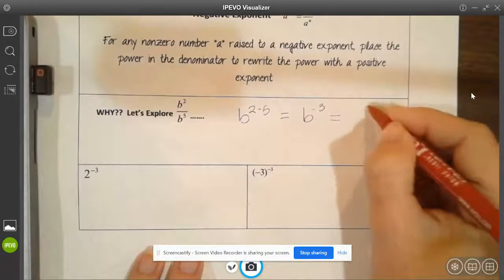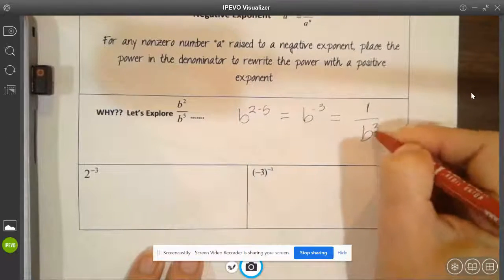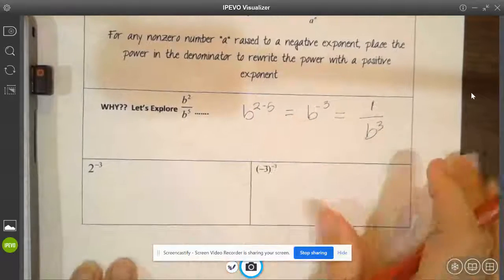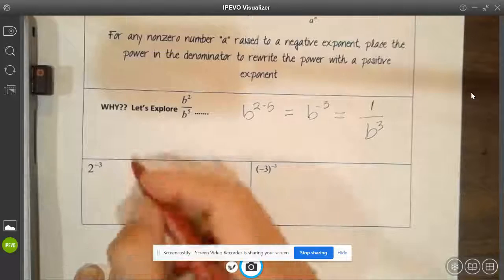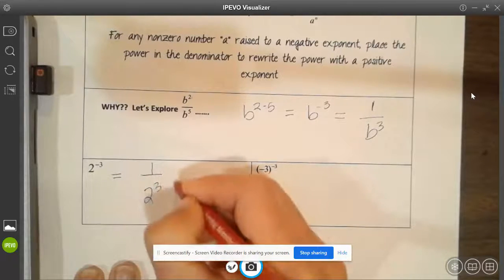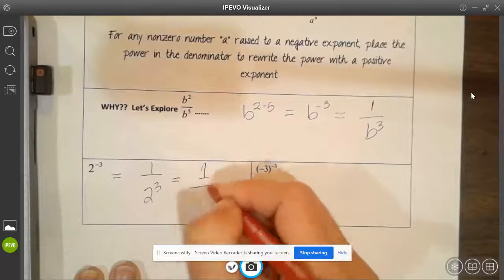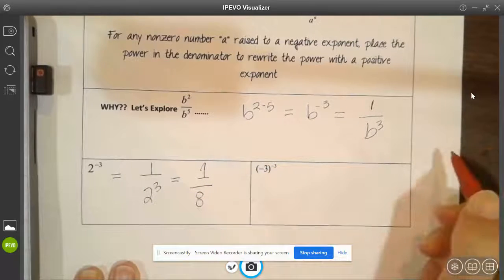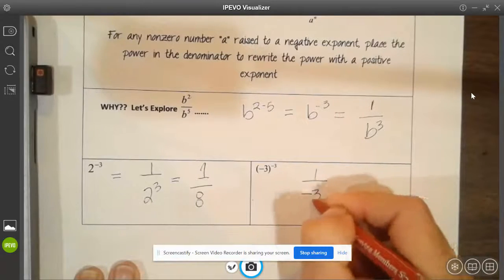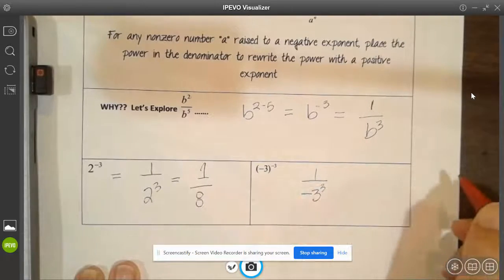Well, that's the same thing as 1 over b to the third power. So this one, it's 1 over 2 to the third power, which is 1 over 8. This one is 1 over negative 3 to the third power.